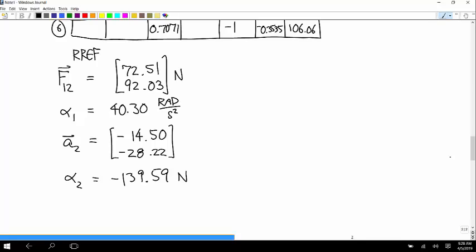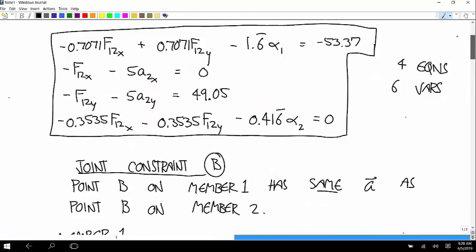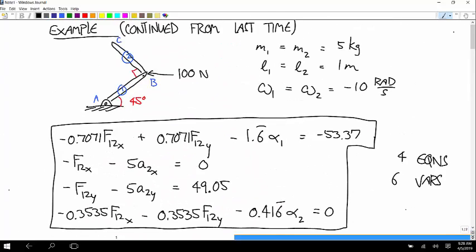But we figured out that body one has a counterclockwise angular acceleration, and body two has a clockwise angular acceleration that's quite a bit bigger in magnitude. So let's think about what that says. This force is going to make body one have an angular acceleration this way, counterclockwise.